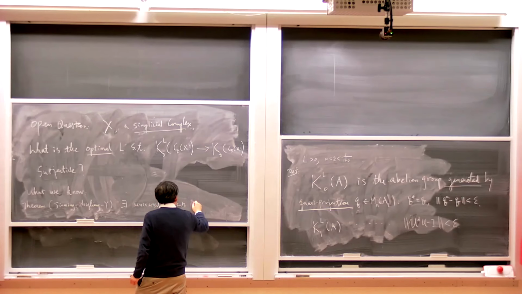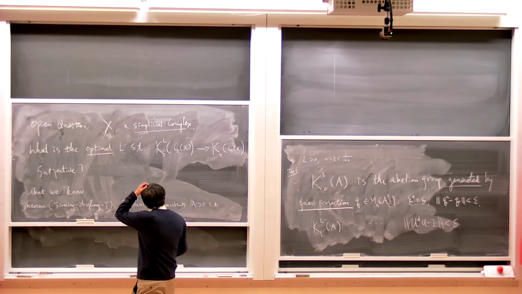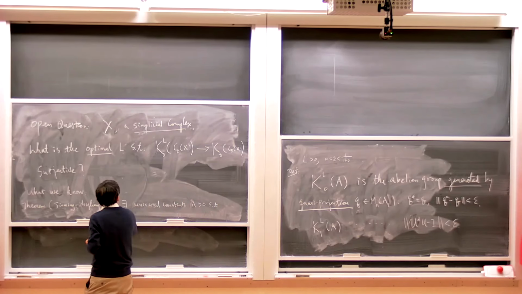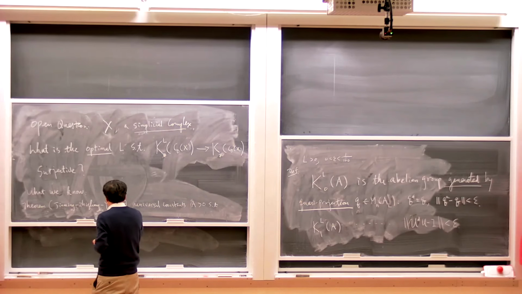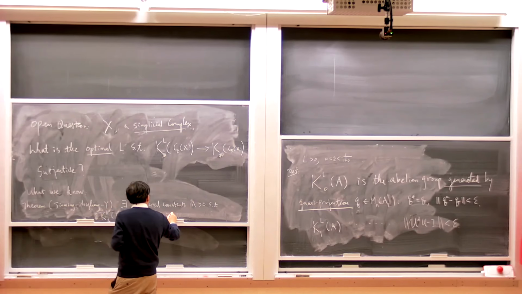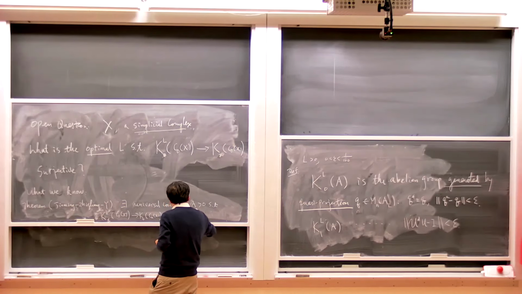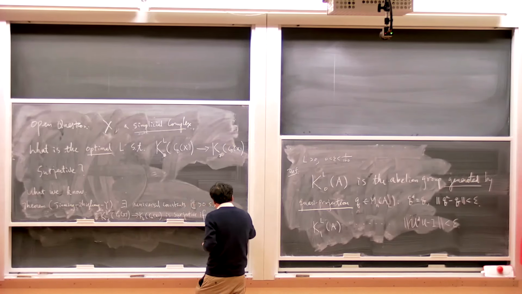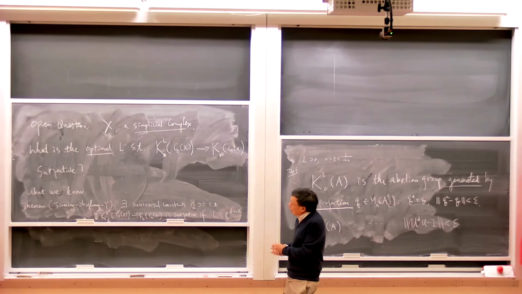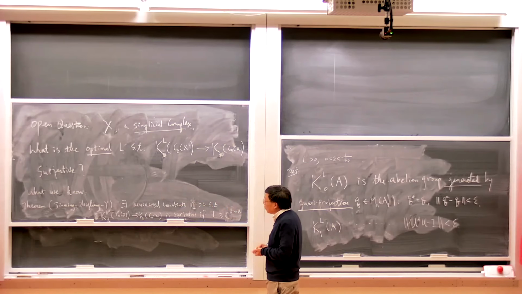Well, let me just say A, such that... Well, actually, of course, you don't want to... If L is greater than or equal to this universal constant, well, maybe sorry, I should not use A, that's very confusing. C, and the dimension of X.